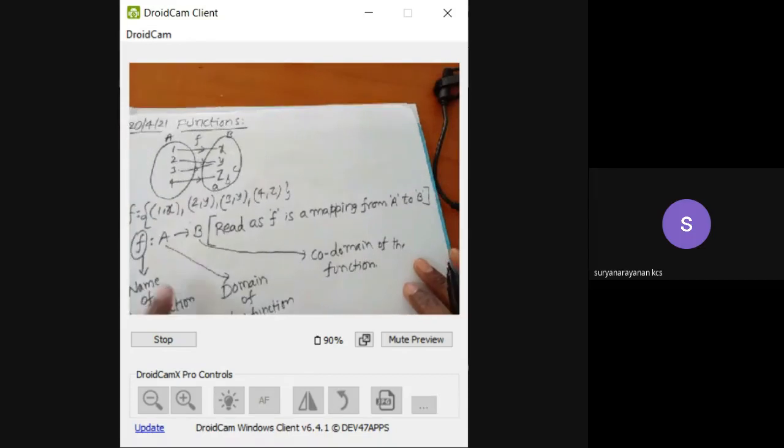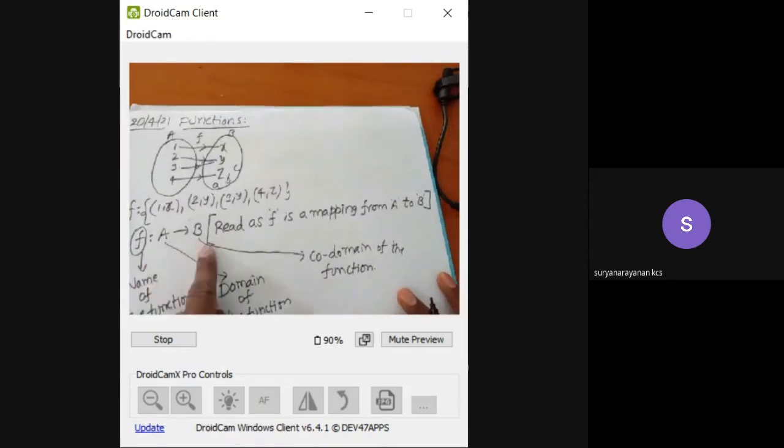So, my dear children, you should learn how to read this notation. I wrote here how to read this notation. This is read as F is a mapping from A to B. Whenever you are getting this notation, remember this one. Will you remember this point, my dear children? How to read a notation?